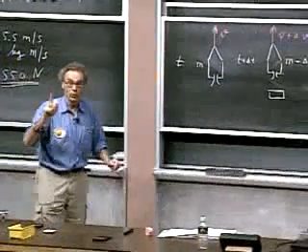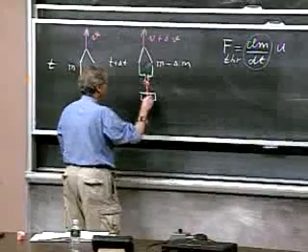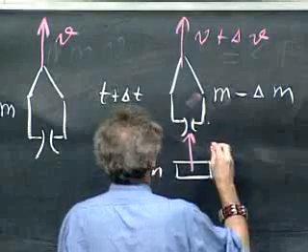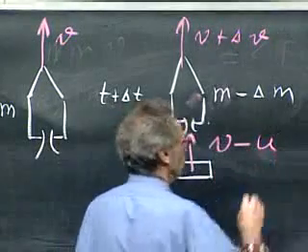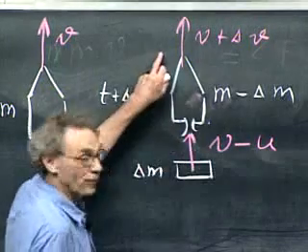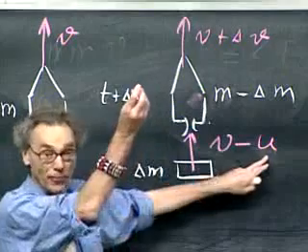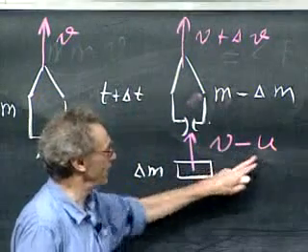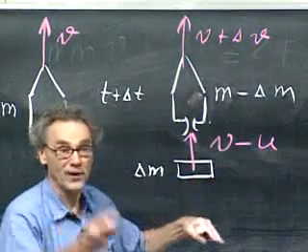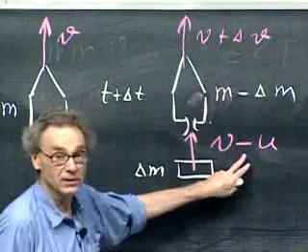So you in 26100 will see the velocity of this little piece delta m. You will see this to be v minus u. If the velocity of the rocket is larger than u, could be, you will see the exhaust going up from your frame of reference. If the velocity of the exhaust is larger than the velocity of the rocket, from your frame of reference you will see it go down. That's taken care of in the signs.